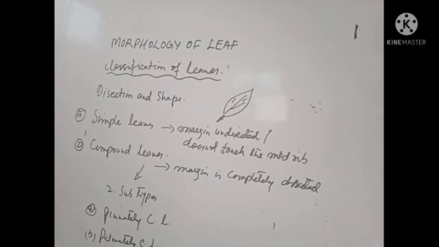Here, in pinnately compound leaf, midrib is modified to form rachis, and leaflets are attached to rachis. We find it in neem. In palmately compound leaf, rachis is absent and leaflets arise directly from the tip of petiole, as we see in trifolium.